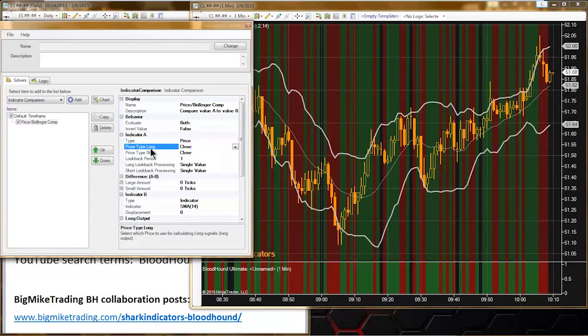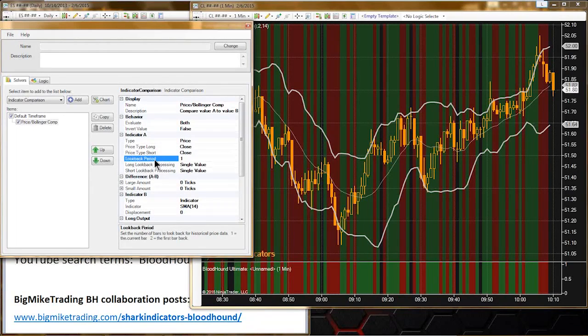And now we can see that we have two pieces of price data exposed to us. Under that, we have the open, high, low, close, median, typical, and weighted. Now you see that there are two closing prices here. One is for evaluating the long output, and one is for evaluating the short output.